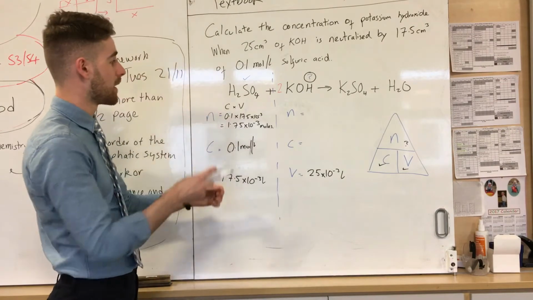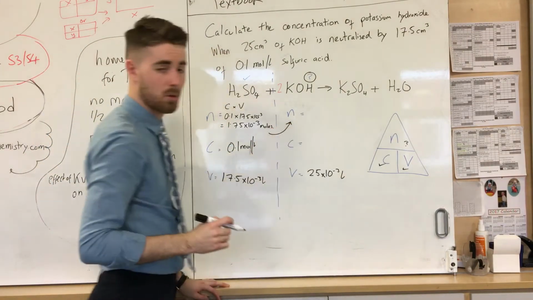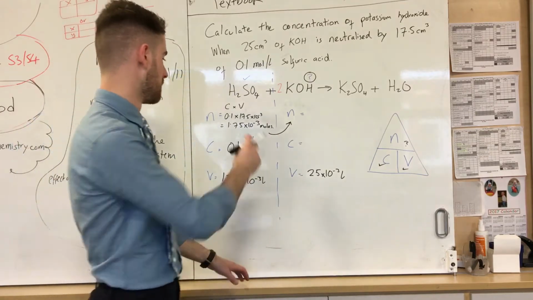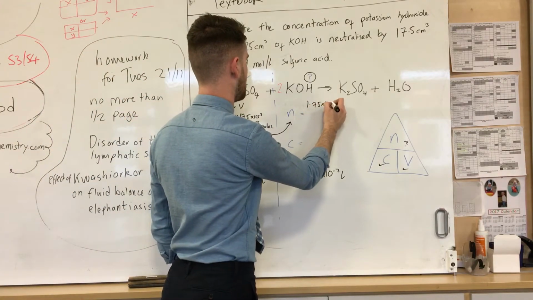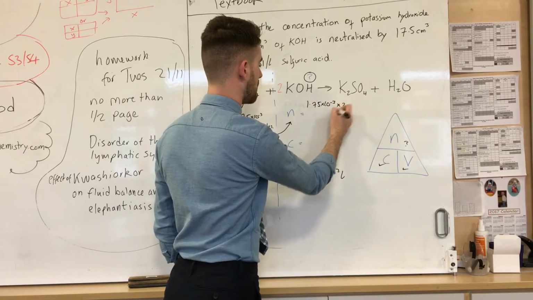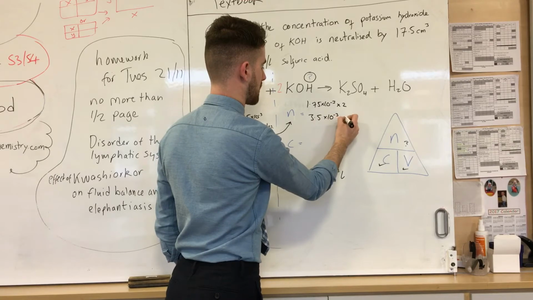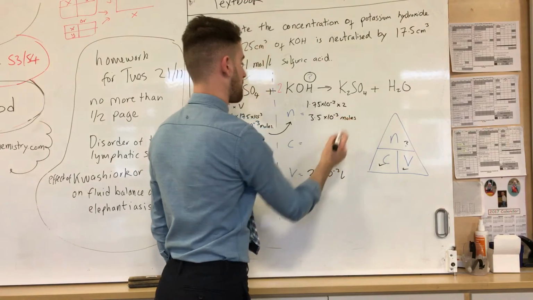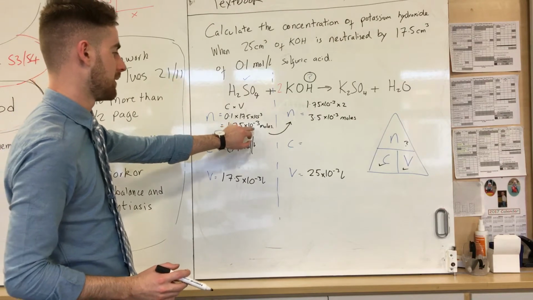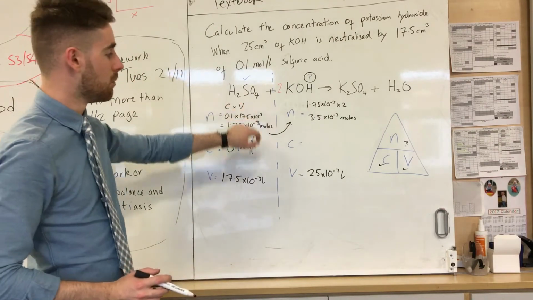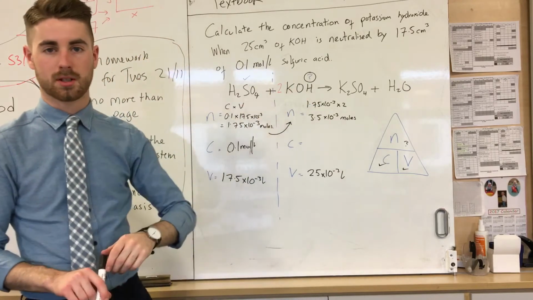So what we need to do is double the number of moles when we're transferring that number over. So it's 1.75 times 10 to the negative 3 moles multiplied by 2, which gives us 3.5 times 10 to the negative 3 moles. So 1.75 times 10 to the negative 3 moles of sulfuric acid reacts with 3.5 times 10 to the negative 3 moles of potassium hydroxide.